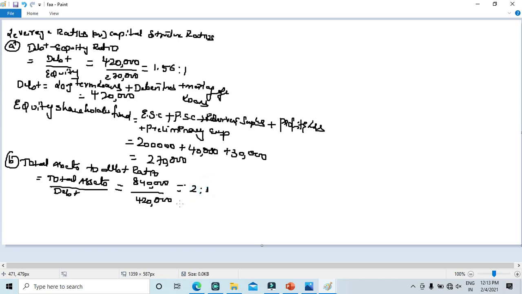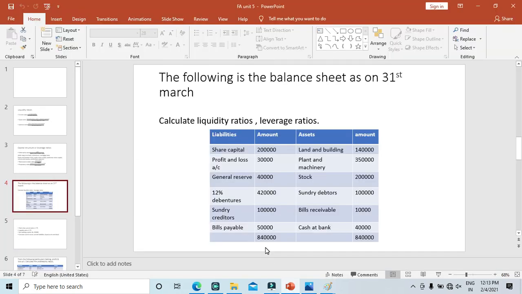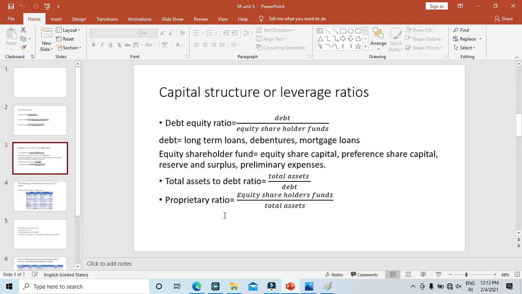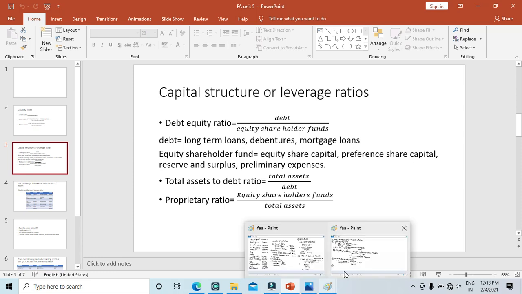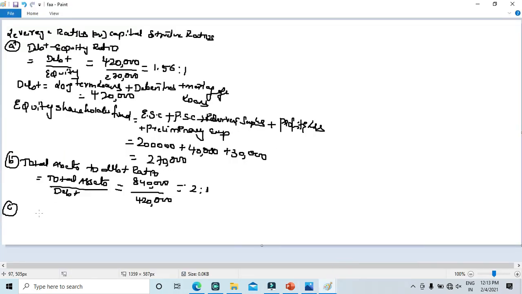So I hope it is clear. Here what we have done is you need to get the things together and add them. Here also we have taken only debt divided by equity, substituted and got the answer, 1.56:1.